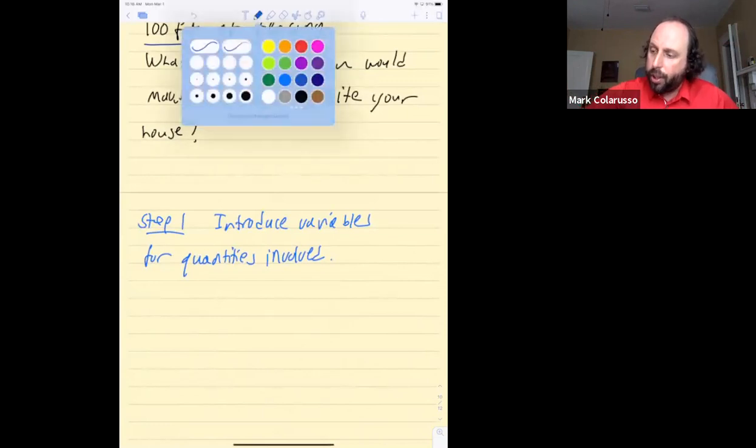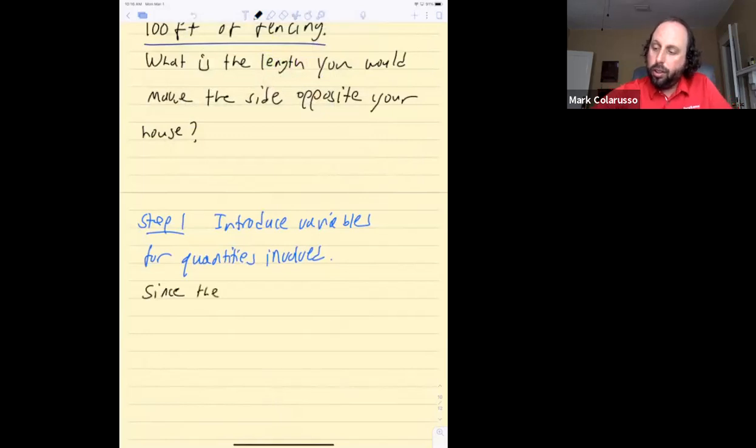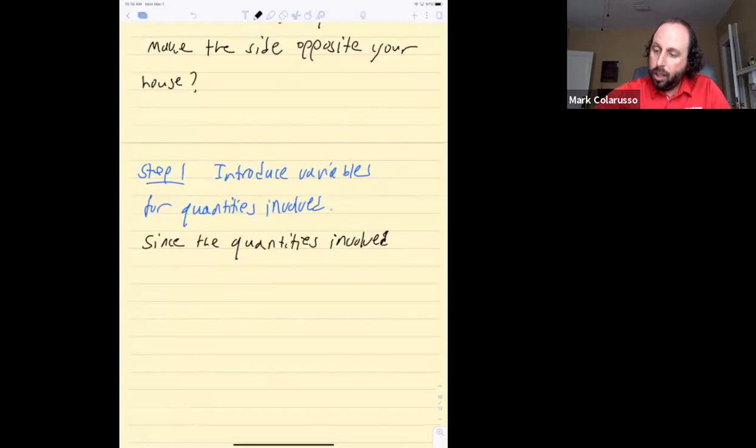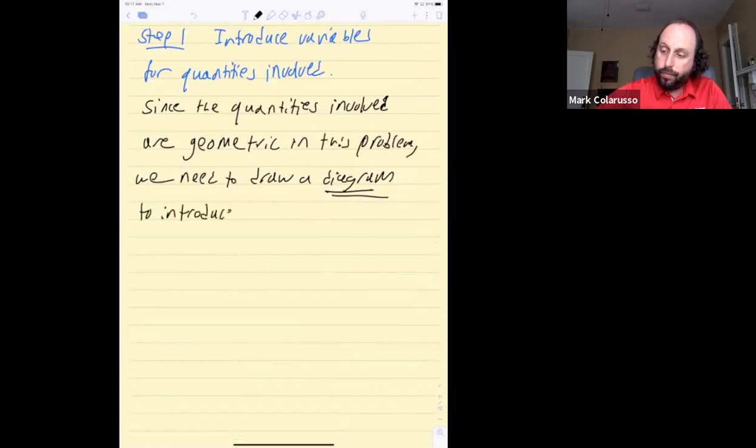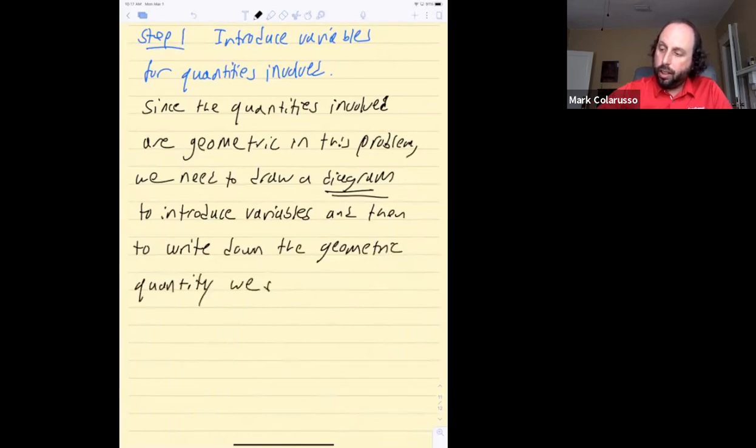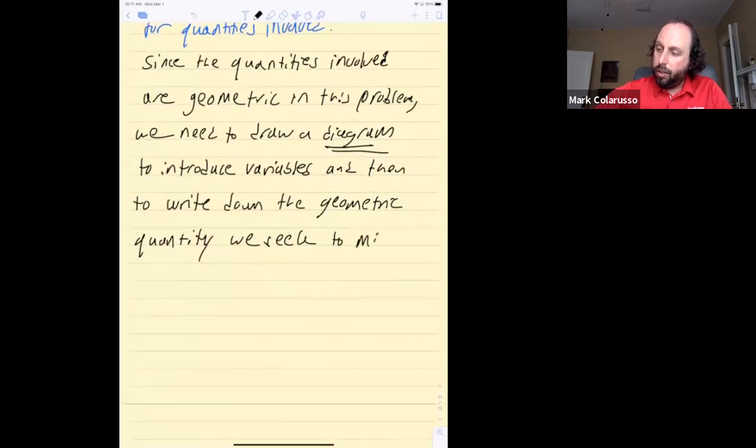So since the quantities involved are geometric, in this problem, we need to draw a diagram to introduce variables, and then to write down the geometric quantity we seek to maximize, in this case, not minimize.